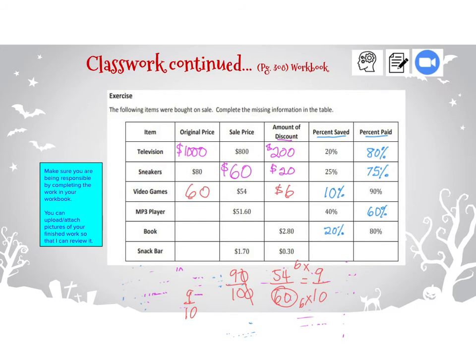Okay, now let's go to the MP3. And I know we said, how about you just do three or four rows? Let's go to the percent paid was 60 over 100. And then I'm looking at this, $51.60 is the sale price, and I don't know what the original one was, but I'm going to divide this by 10, so I get 6/10.